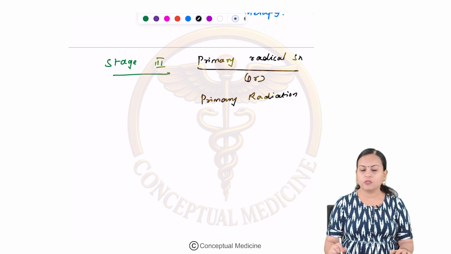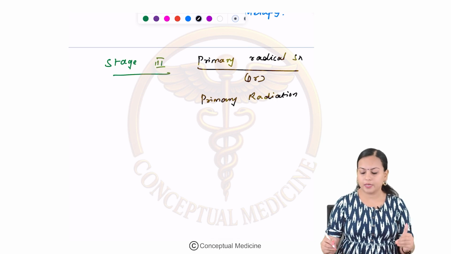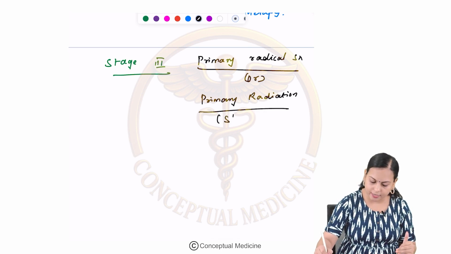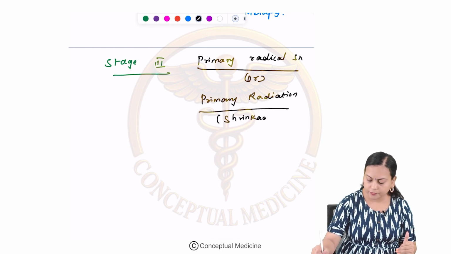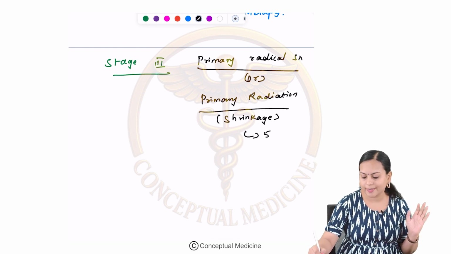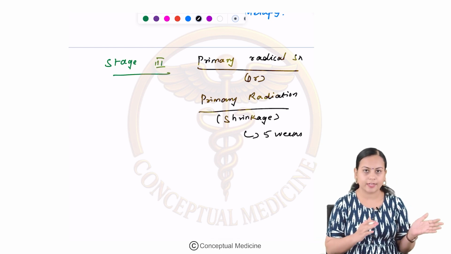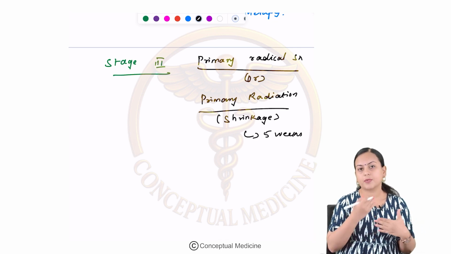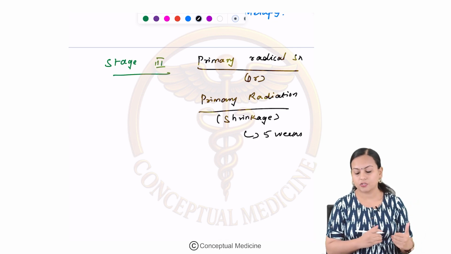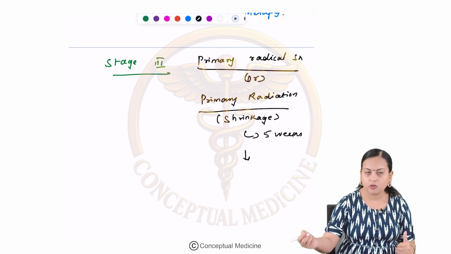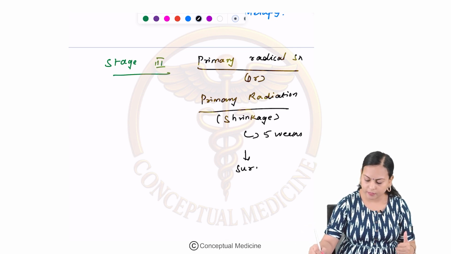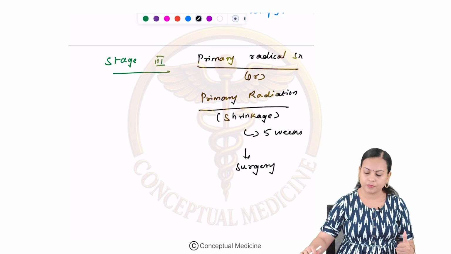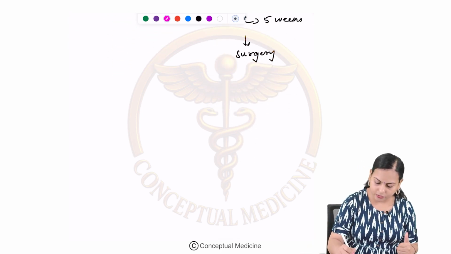Okay, so if you offer primary radiation, there will be shrinkage of the tumor, and this can be offered for at least 5 weeks in fractional doses. So after this primary radiation and the tumor size has shrunken, then you can offer her surgery. Clear? Yes.